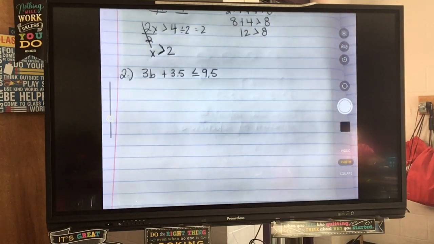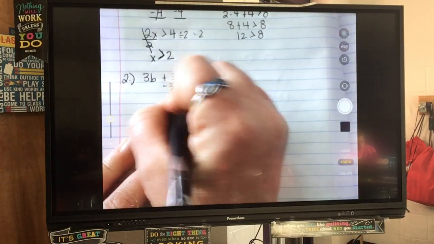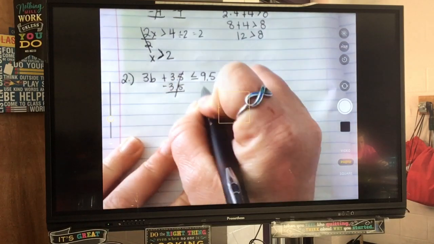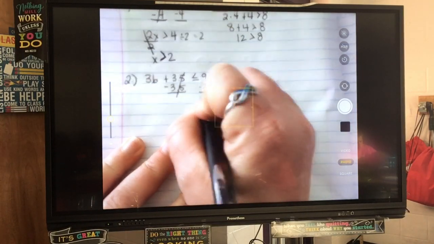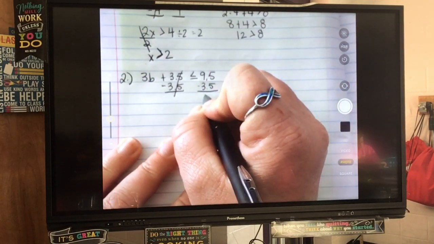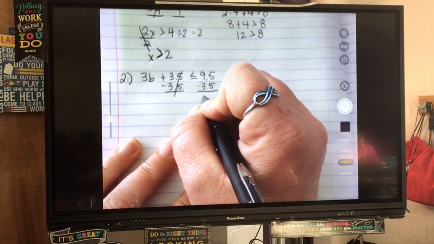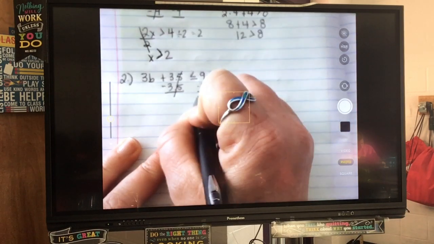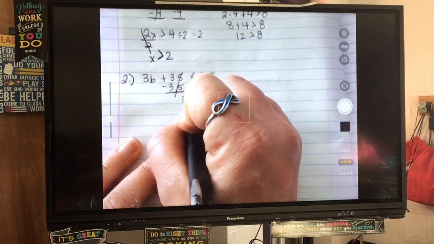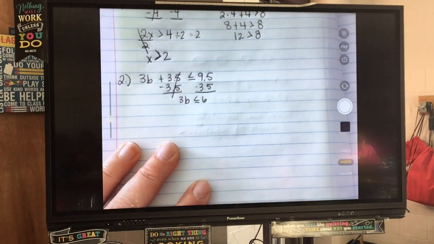You would do the opposite operation for 3 and a half, minus 3 and a half, and then they cancel out, and you do 9 and a half minus 3 and a half, and do 3.